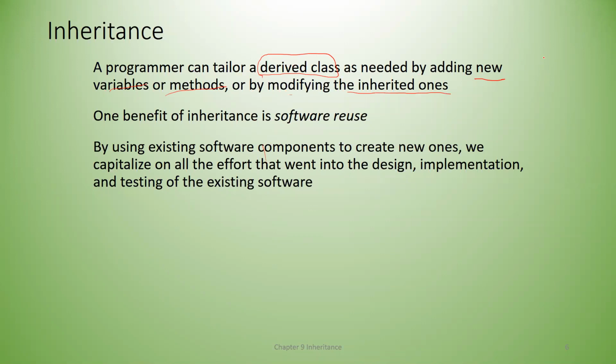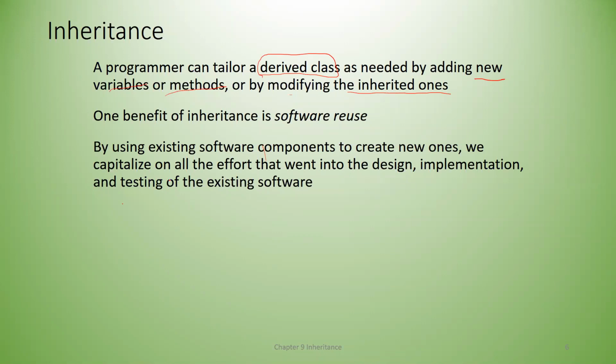So why do you have a derived class? Because this class has some more specific characteristics and behaviors. That's why you create this derived class. If it is exactly the same as the superclass, you do not need to create a new one, right?